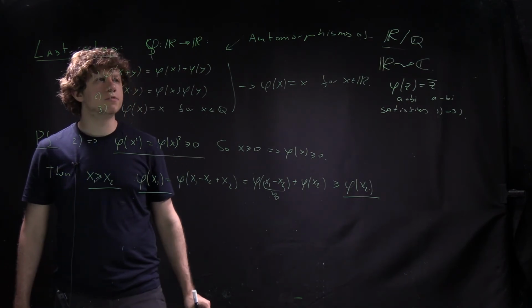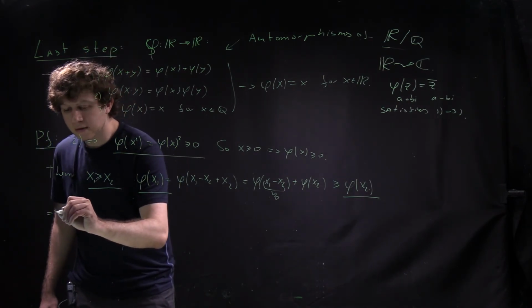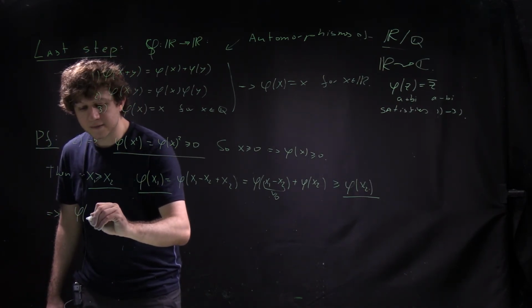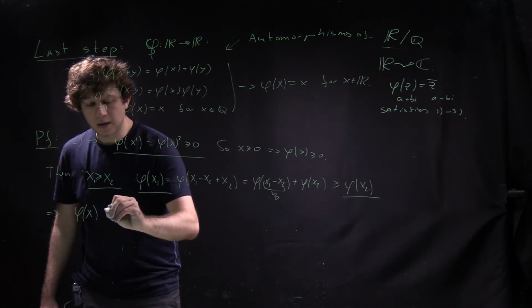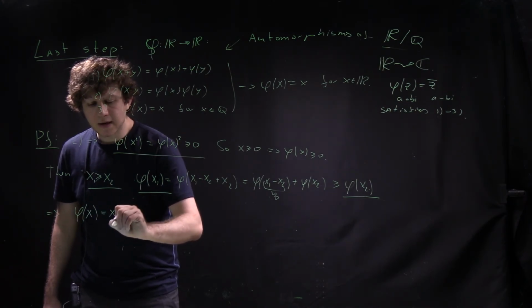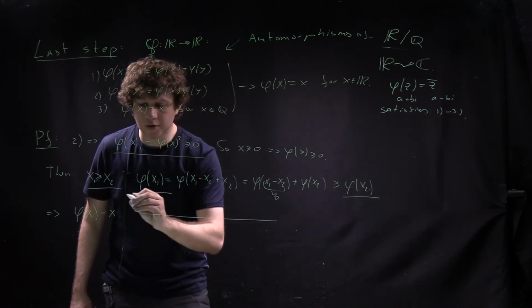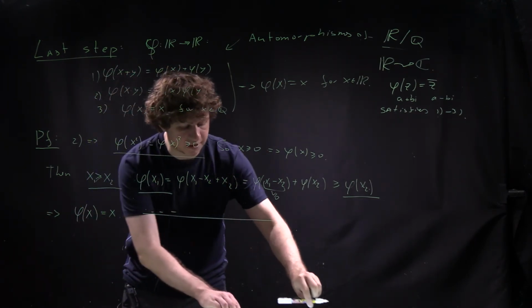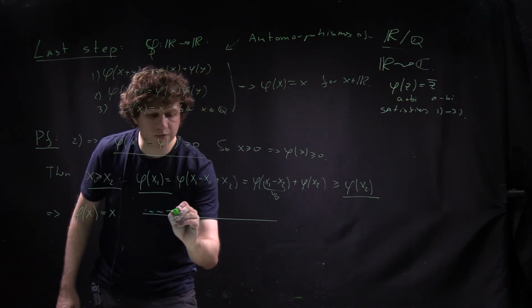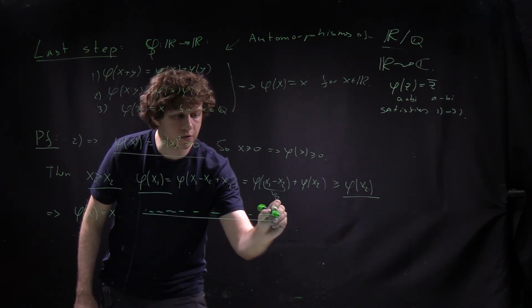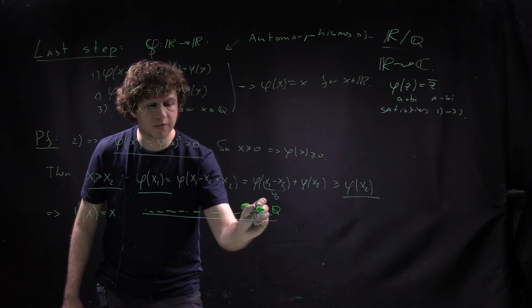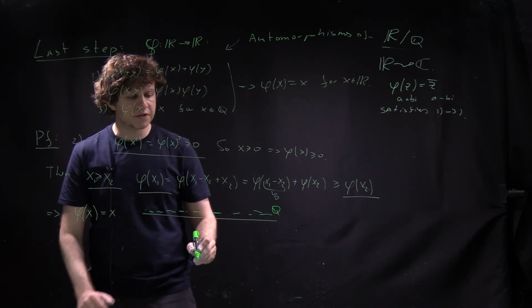And then it's easy to deduce that phi of x equals x. The reason is that you know the function fixes all rational numbers, which are dense, and you saw that it preserves inequalities.